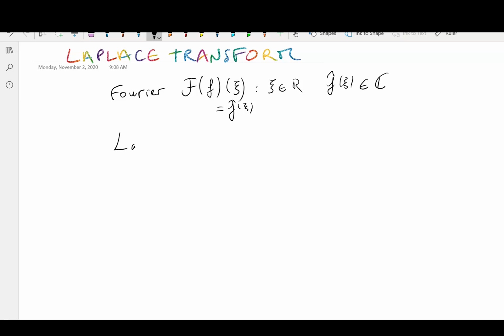In the Laplace transform, usually we use the calligraphic capital L notation applied to a function f of the variable. In the Anglo-Saxon world, we use the variable s.